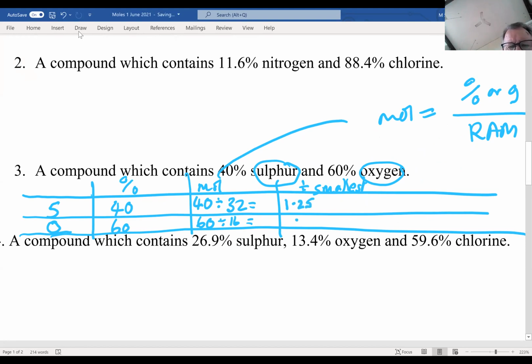You work out this one, then divide both of these numbers by the smaller one, which will give you 2 numbers. If you have got it right, the numbers will come out as 1 and 3. All right, so that's how you do it. If you need extra help, you can hang on towards the end and we will do that.